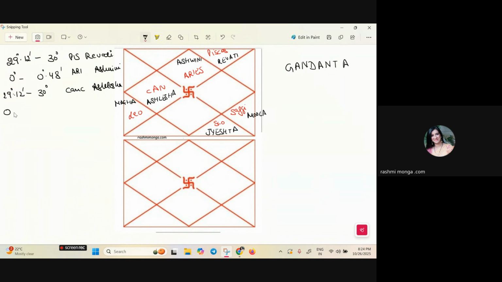So if moon is placed at these degrees in these rashis: 0 degree till 0 degrees 48 minutes, Leo Rashi, and that would be Magha Nakshatra. 29 degrees 12 minutes till 30 degrees, Scorpio Rashi, that would be Jyestha. 0 degree to 0 degree 48 minutes, Sagittarius, that is Moola Nakshatra.